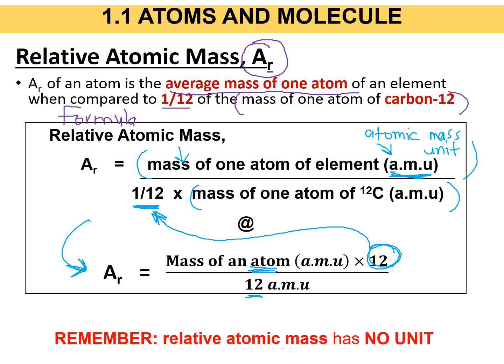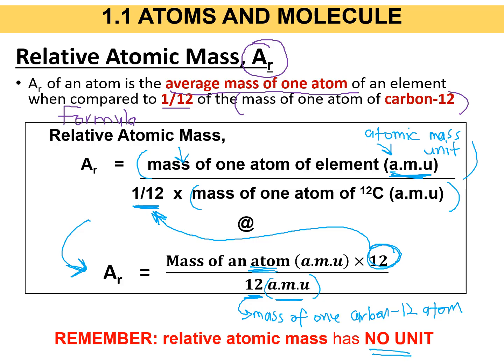So, how do you get this 12? This 12 actually comes from the mass of one carbon-12 atom, but of course in atomic mass unit. Okay, so relative atomic mass has no unit.